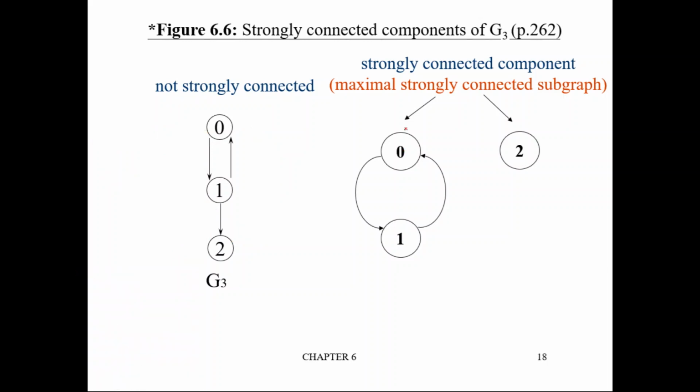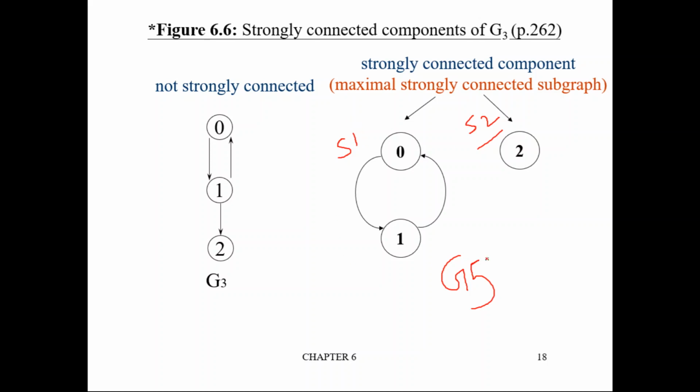But if you take this graph, again this is one graph, we can call it G4 or G5, whatever it may be. It's not two different graphs, it's a single graph. But this graph has two subgraphs: subgraph 1 and subgraph 2. Subgraph 1 is strongly connected because it has only two nodes, and there is a connection from 0 to 1 and also from 1 to 0. Subgraph 2 is also strongly connected because there is only one node, so it is also strongly connected.